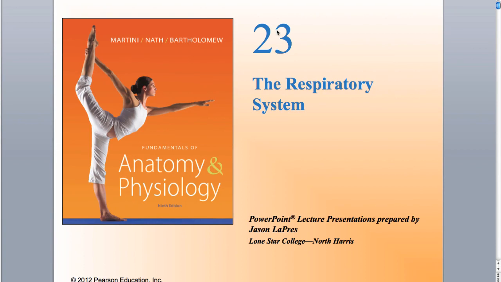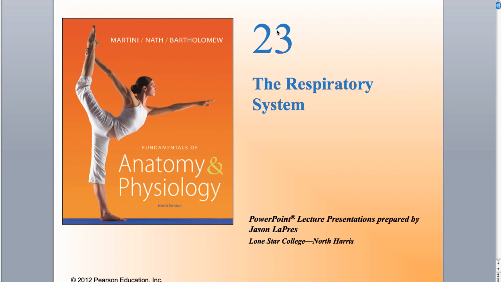Welcome to Biology 2402 Lecture Series, Chapter 23, The Respiratory System. In this chapter, we're going to look at the overall function of how the lungs bring in oxygen, remove carbon dioxide, and play a role in things such as pH control of the blood.